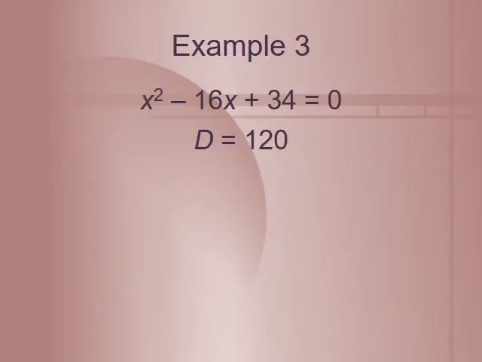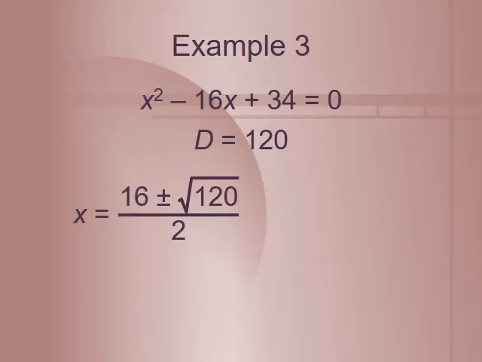So let's look and see how that works out. Let's go ahead. We can put this in our quadratic equation. And we've already figured our discriminant, so we know the inside of the radical is 120. Negative 16 was our b, and we have 2 times a, which is 1, so we end up with a 2.